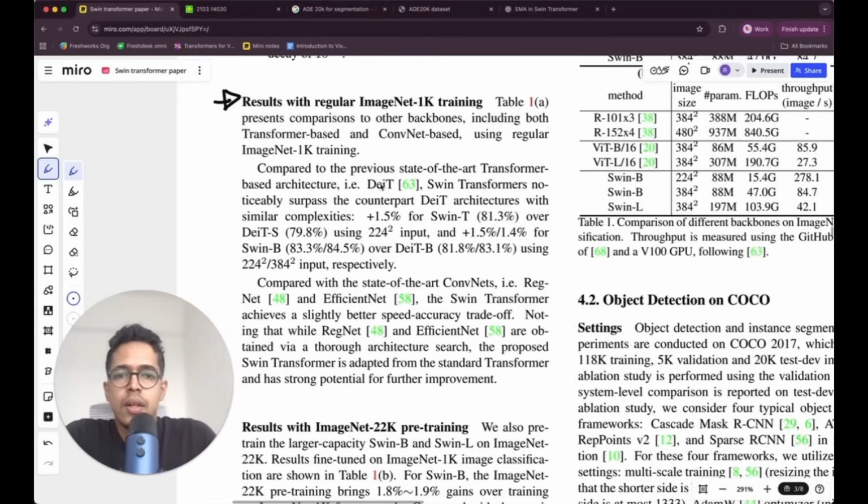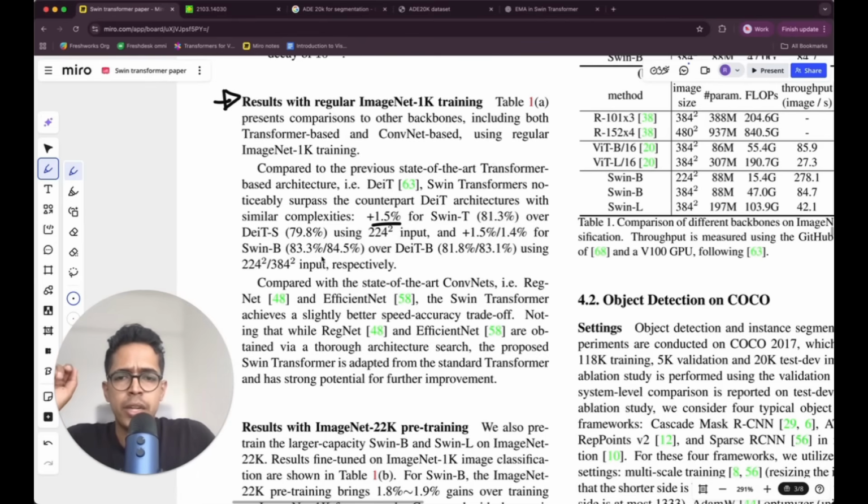We'll see table 1 in detail, but Swin Transformer noticeably surpasses DeiT with similar complexity, like 1.5% improvement over DeiT small. So they are comparing similar architectures, not the exact state of the art.